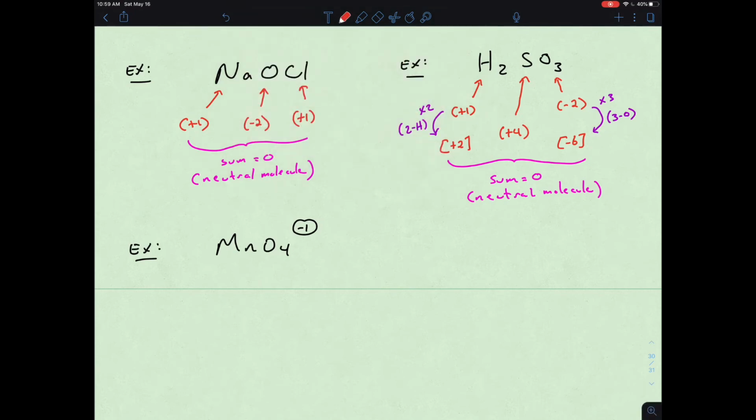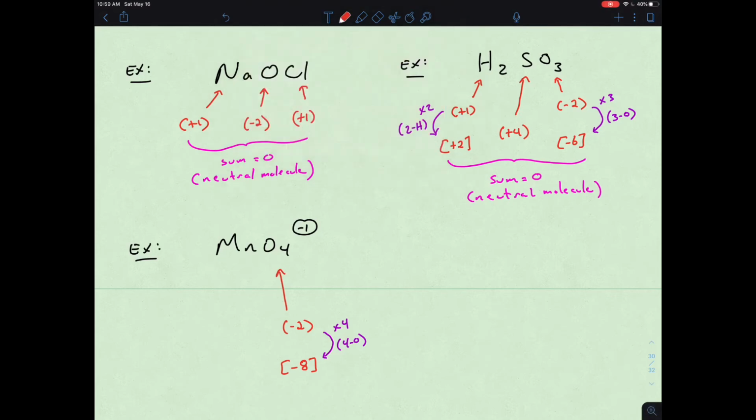And if we start with our oxygen, again, there's our go-to element. It has a -2 oxidation number, and there's 4 of them, so we would have a total of -8 for the sum of all of its oxidation numbers.